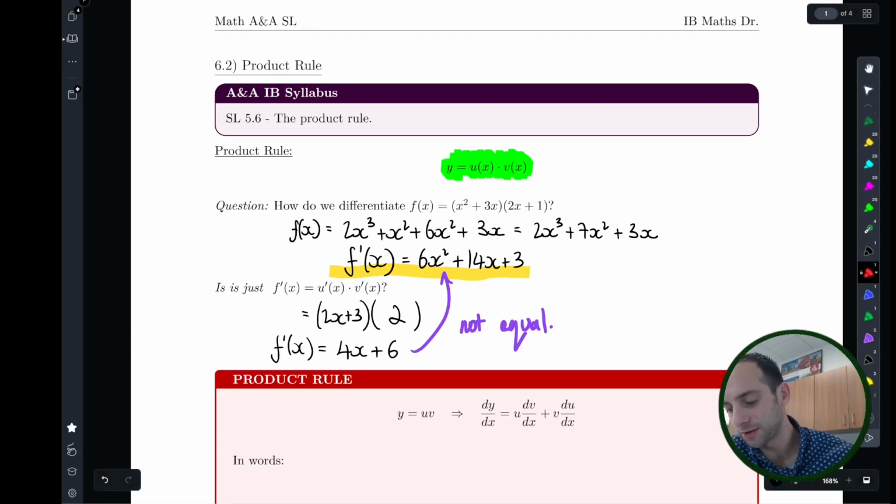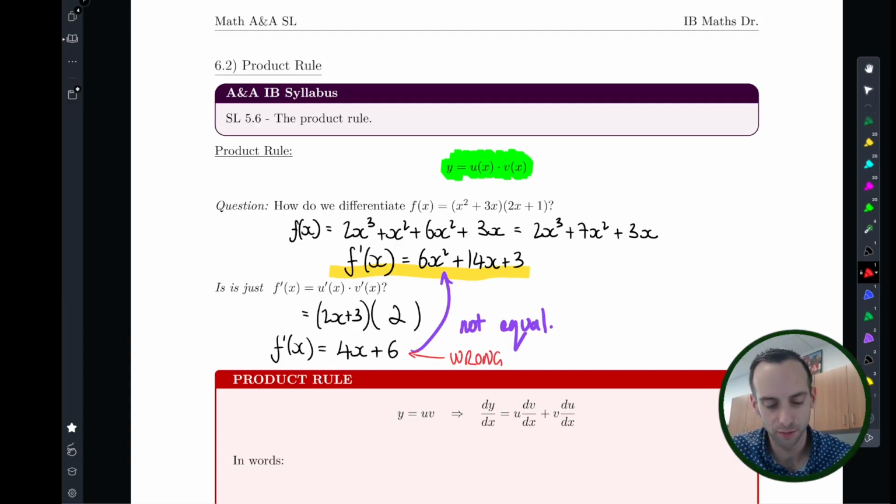So the point we're trying to get across here is that this answer, 4x plus 6, is actually wrong. So this idea that we could just take the derivative of each piece separately is not correct. One simple counterexample that proves it doesn't work is sufficient to say that's not a general rule for all functions.